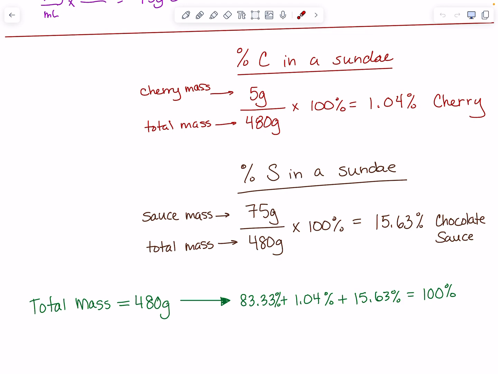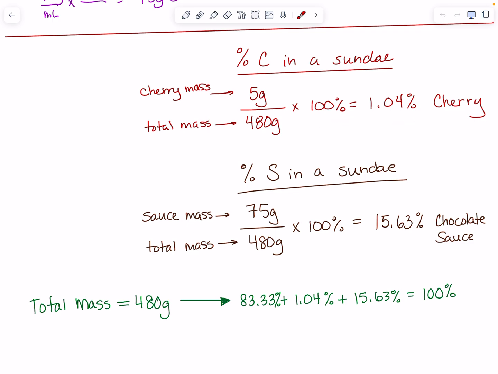Again, when we're trying to figure out the percent composition, how much of a material is due to one thing, we take the mass due to that one thing, in this case the cherry, divide it by the total mass of the thing when it's all put together, and multiply it by 100%.